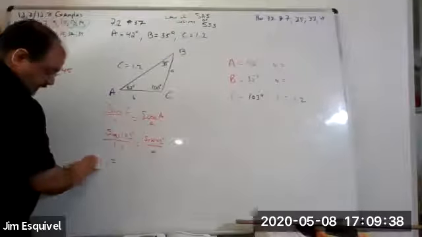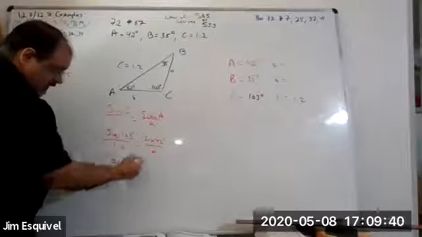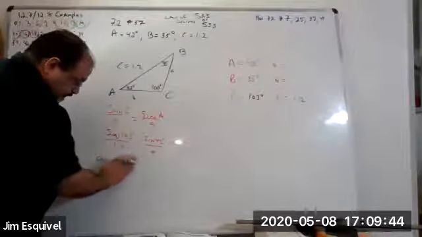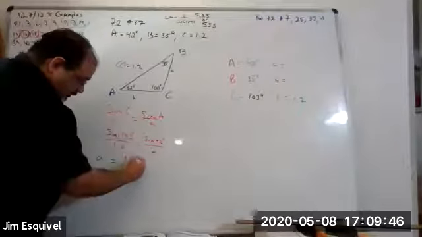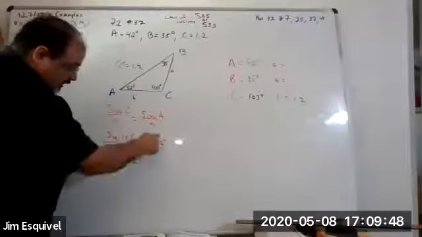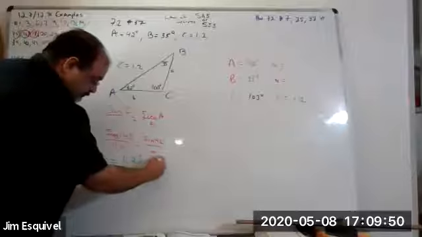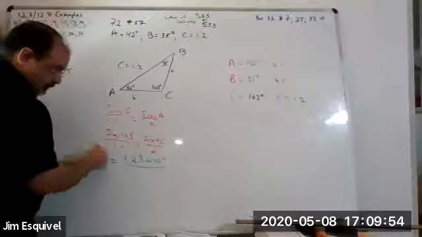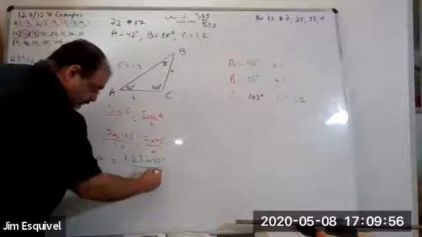So the length of a is going to equal 1.2 times the sine of 42, all over the sine of 103.